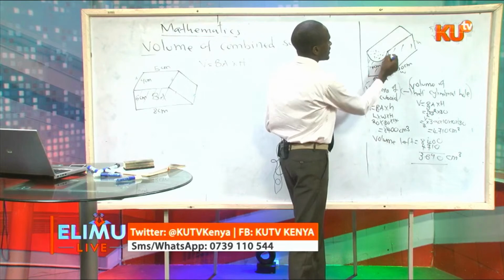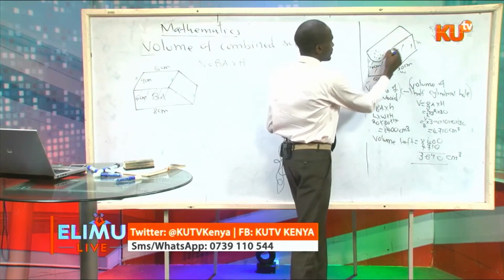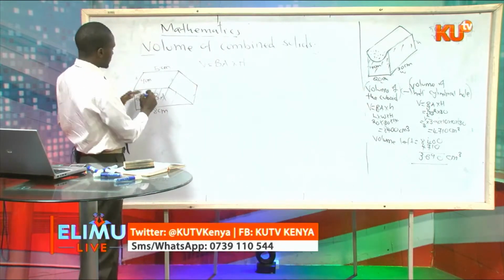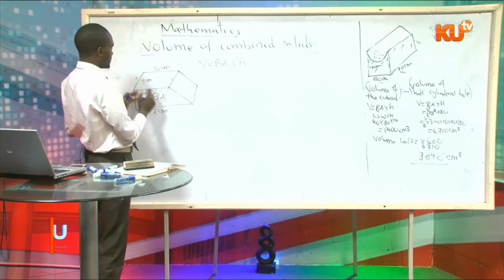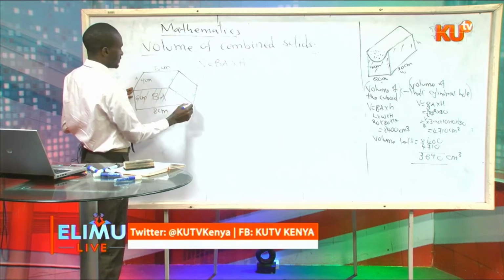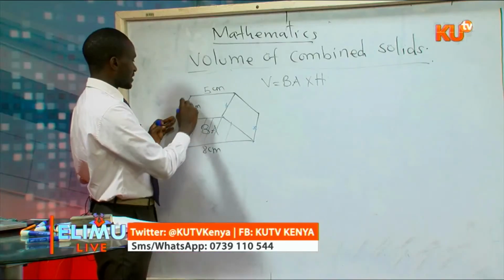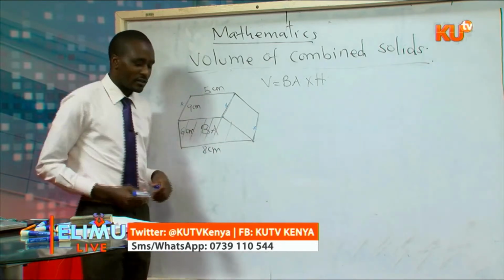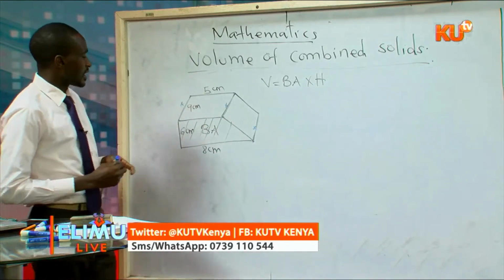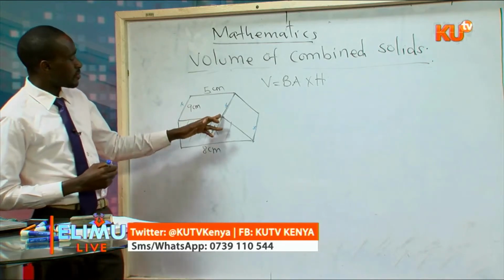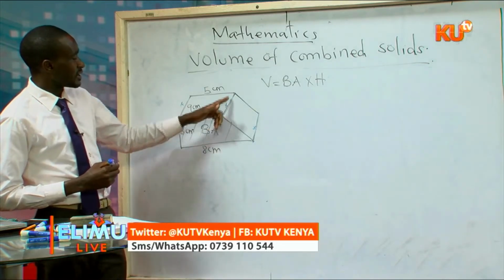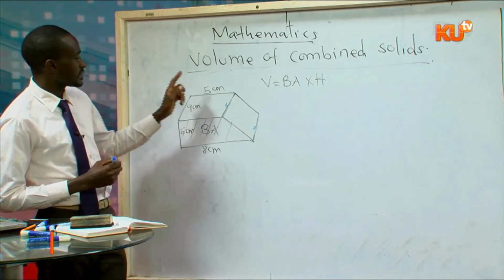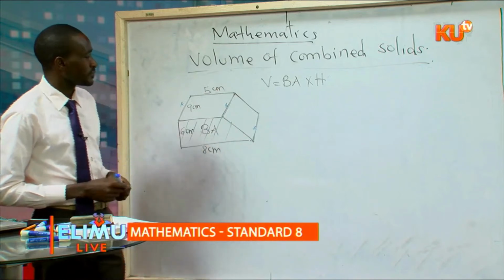Base area is this one here. And now these ones will be the height. Now when the base area is trapezium, you see these lines moving away from the base area. Those ones are the height. And the angle at which they leave the base area is 90 degrees. So this will be its height, or this one, or this one.